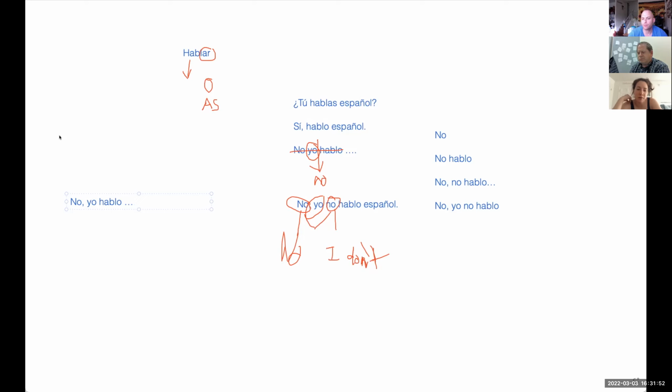Yes. So the point is, structure-wise, we've got the verb right here, and there needs to be a negation right in front of the verb, whether or not you use the subject yo. Does that make sense? Gracias. Was that helpful? Yes.